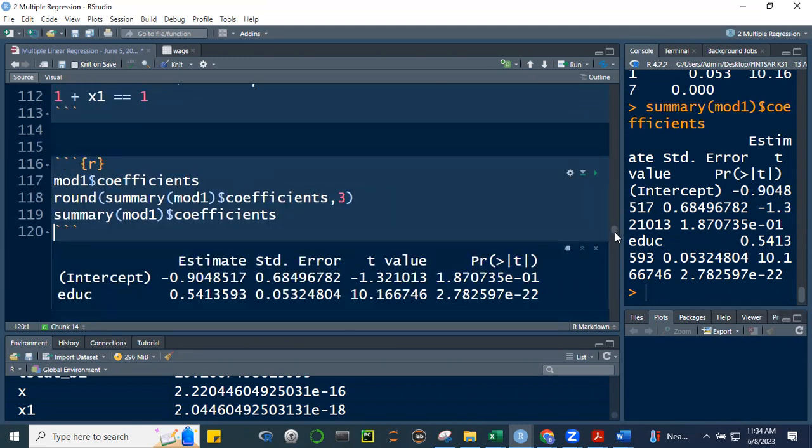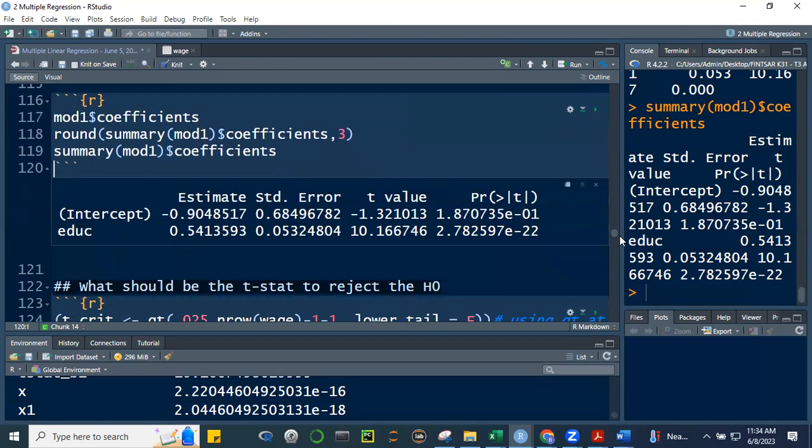Then we said there's another way to infer whether to reject or fail to reject the null hypothesis: using the t-value.